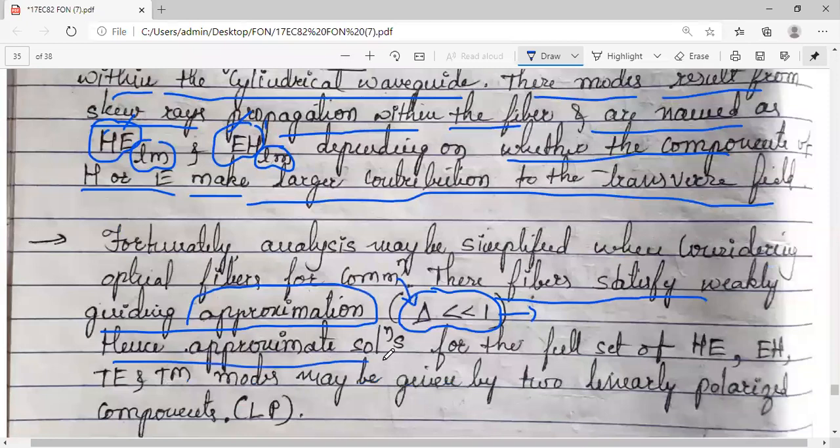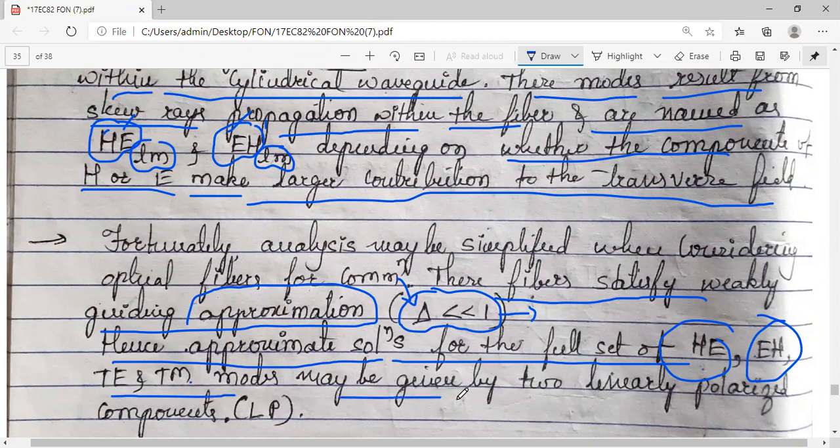Hence, the appropriate solutions for the full set of these HE and EH modes, which are the modes in case of skew rays in cylindrical waveguides, and even TE and TM, these four modes, meridional rays 2, skew rays 2, we can represent by means of two other components. They are called linearly polarized components, in short LP.